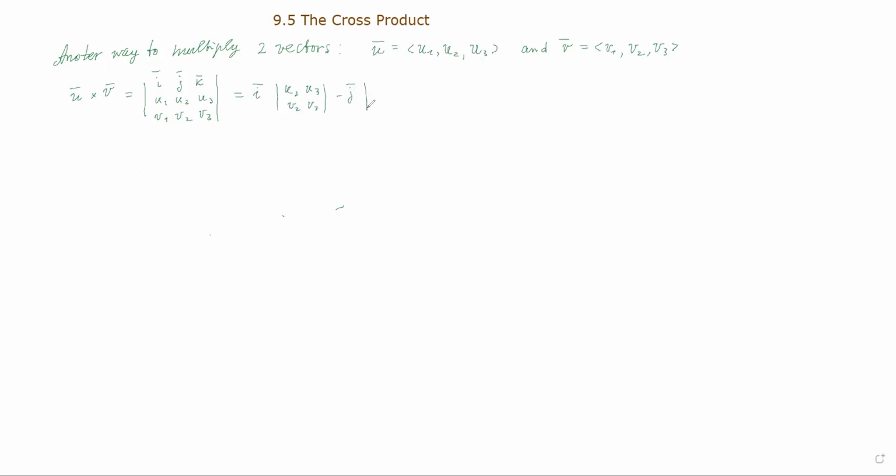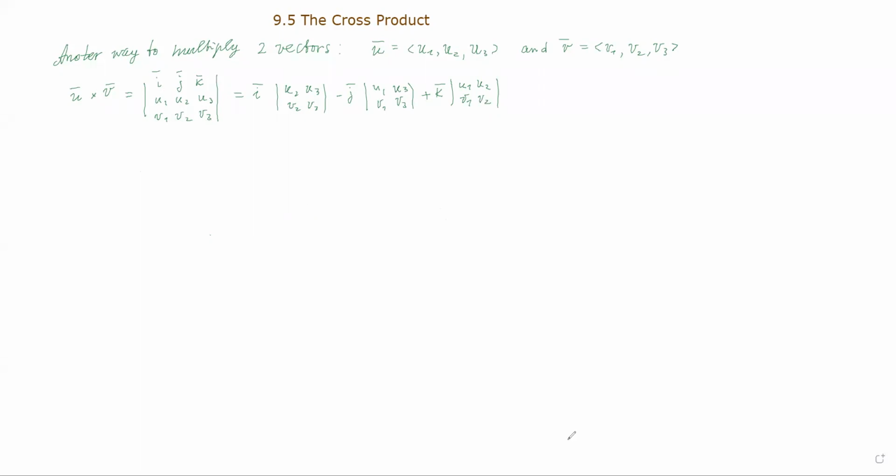And then the determinant of the complementary matrix is going to be u1, v3, and u3 and v1. And then plus, sign alternation, and u1, u2, v1, v2, the matrix which is complementary to k. You cross out k, you are going to have a leftover matrix of these four elements.